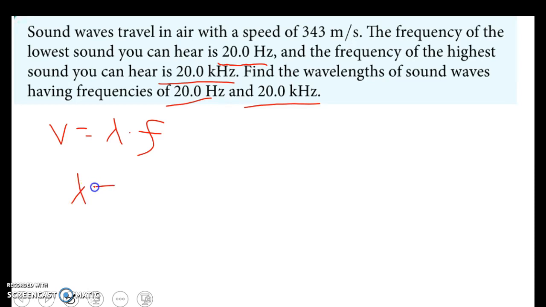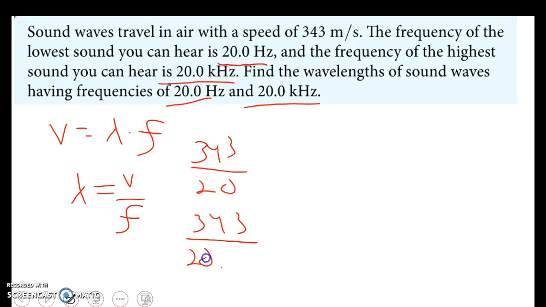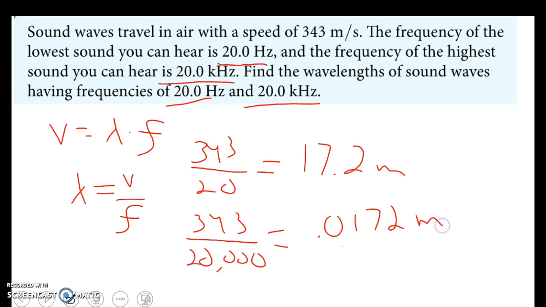To find wavelength, it's velocity over frequency. So I will take 343 over 20 and 343 over 20,000. 343 over 20 gives me 17.2 meters. And 343 over 20,000 gives 0.0172 meters, or 1.72 centimeters. Just the use of this equation.